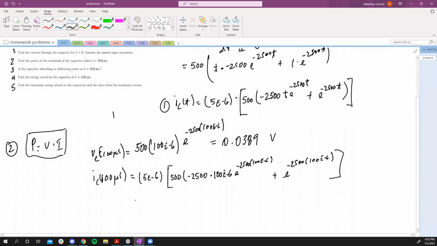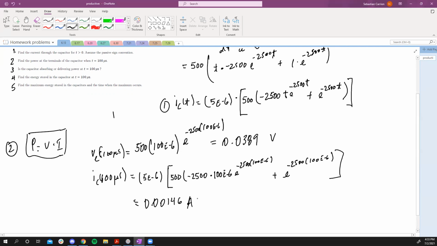Our result for this would be 0.00146 amps.